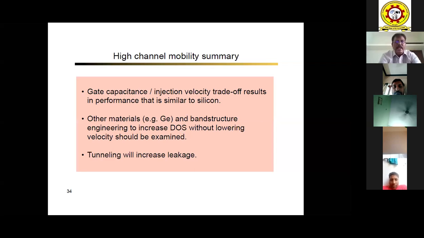Then tunneling will increase leakage. This is the tunneling we are now talking about, the tunneling to the gate. Okay, so the gate tunneling is always a leakage. Band-to-band tunneling is required.